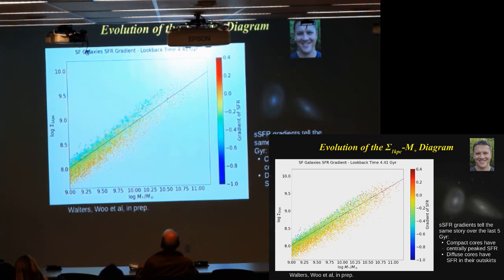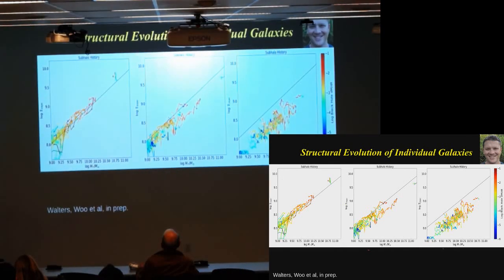So then he followed individual galaxies. There's a lot of galaxies here, so he selected a few random ones. In this plot, he shows the trajectory of individual galaxies that ended up above the line, so they ended up having dense cores. He wanted to see their history from 5 gigayears ago till today, and this is their evolution. A lot of them do have these steeper tracks in sigma 1 versus Mstar.